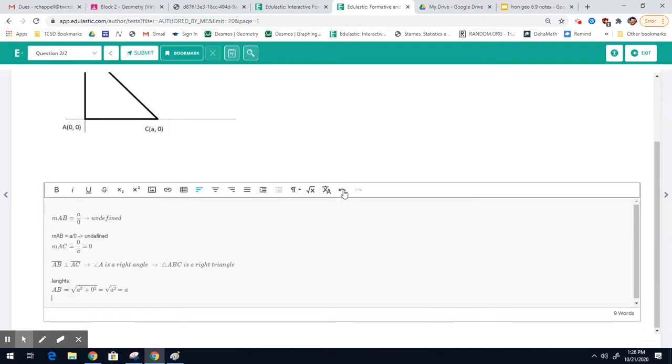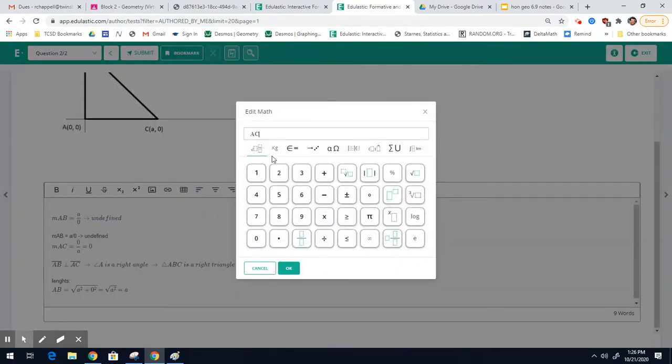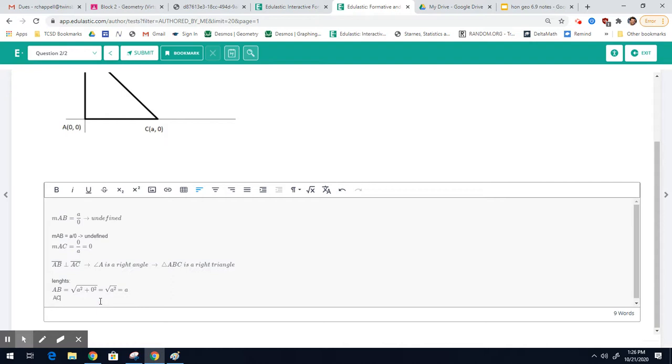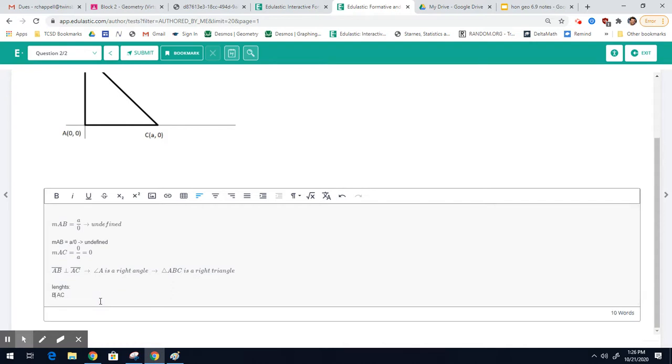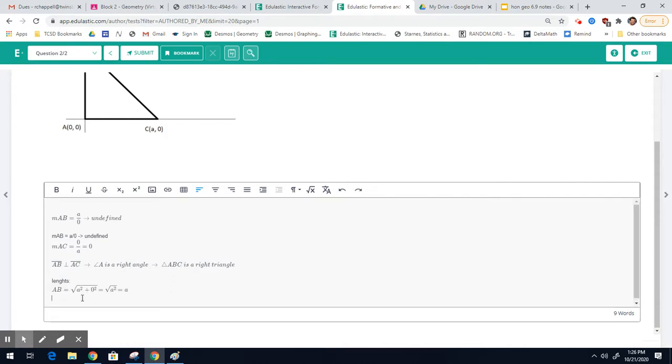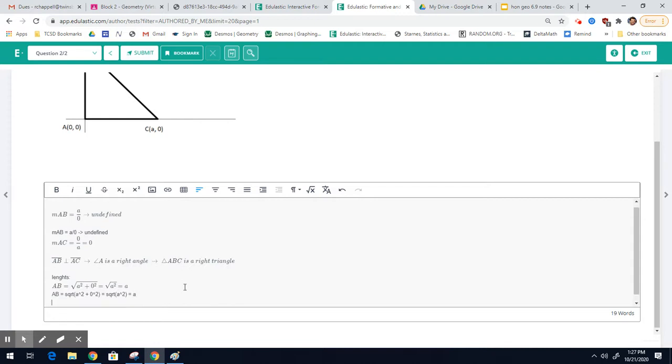The other side, I think, is congruent. So AC equals the square root of, and again, as I showed, cancel. So you can also just do AB equals the square root of A squared plus 0 squared, which is the square root of A squared, which is just A. You can just use SQRT for square root if you want to.